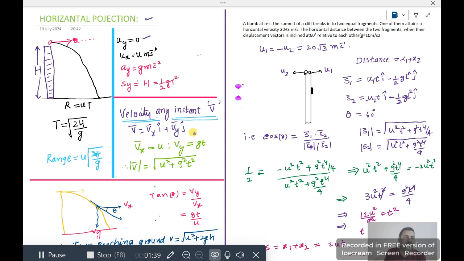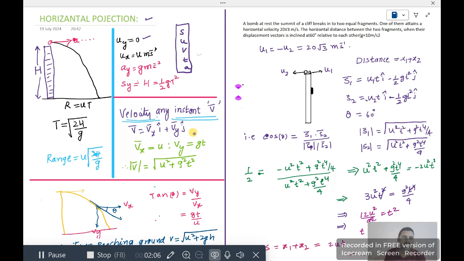In any motion, whether 1D, 2D or projectile motion, we only have to find the relation between the quantities S, U, V, T and A. These five quantities, how they are related, the explanation about them is called kinematics.